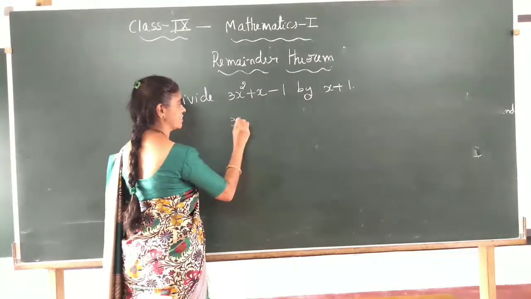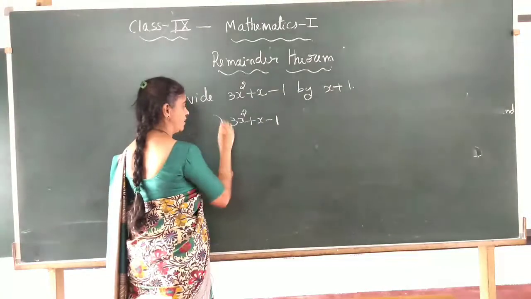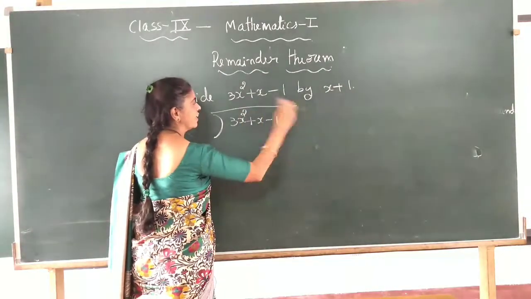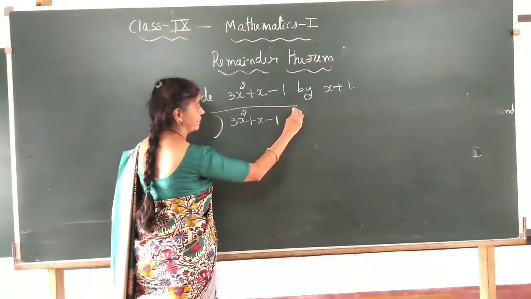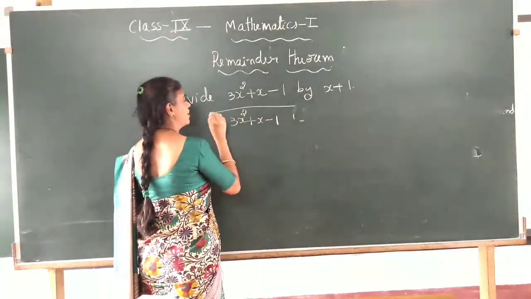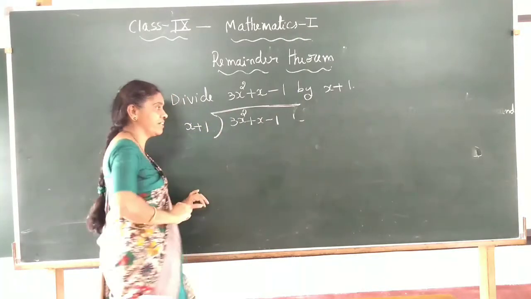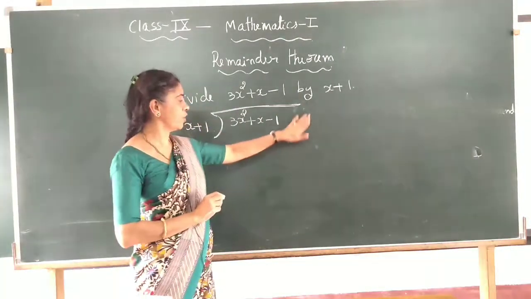So 3x square plus x minus 1 divided by x plus 1. I will write the question up here, children, as there is no place. I have to divide now. Now how do we do the division here?